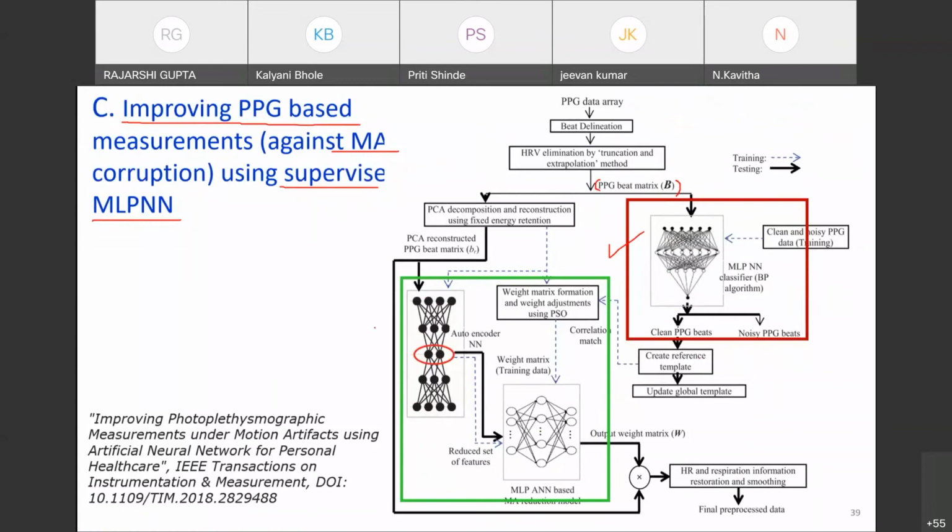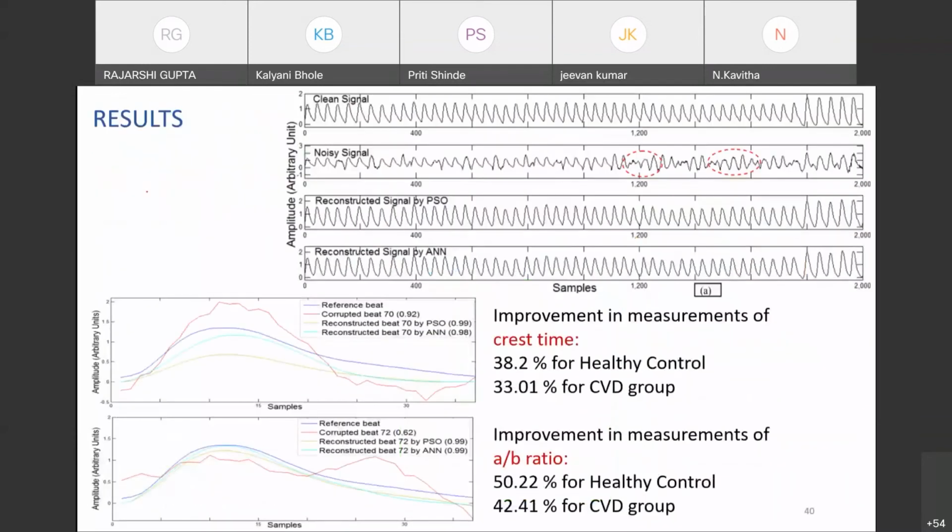The later part of the work showed how we can eliminate or minimize the effect of this motion artifact corruption by correcting the beat morphology using an autoencoder followed by a multi-layer perceptron neural network. I am just showing you the basic philosophy. In this diagram, this is the reference signal. Always we need to show the reference signal.